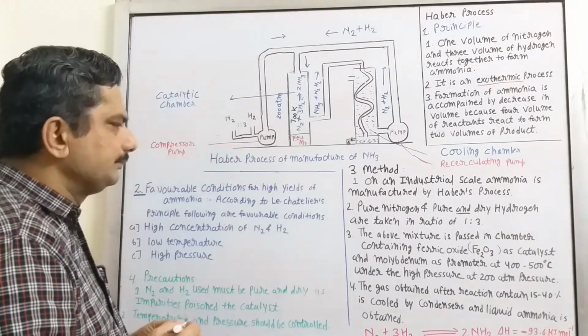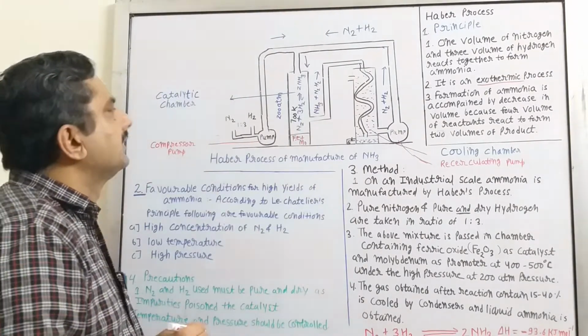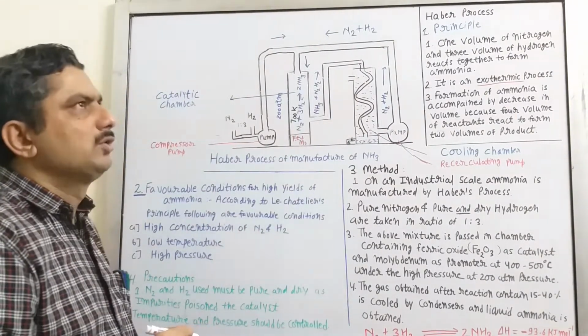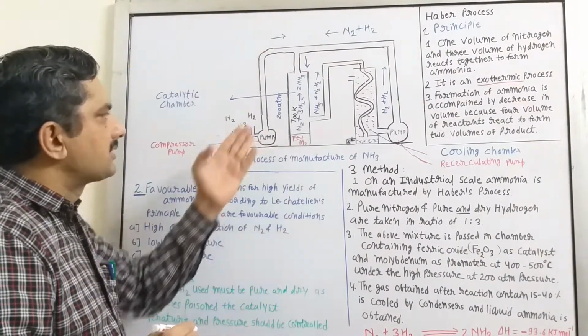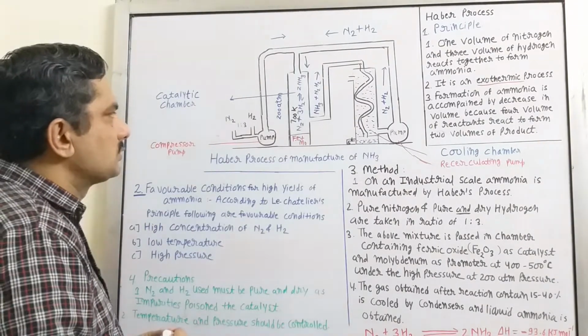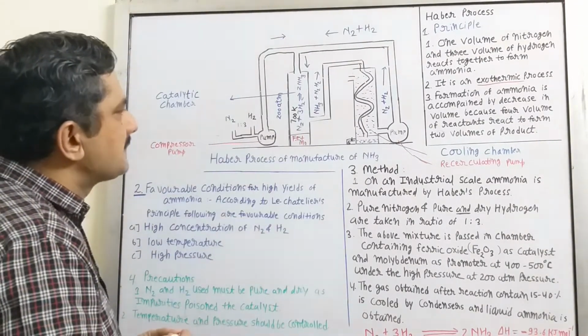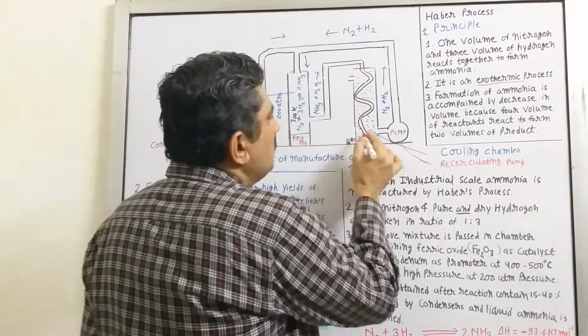Near about 15 to 40% of nitrogen and hydrogen get converted into ammonia. The mixture of ammonia and unreacted nitrogen and hydrogen is passed into the next chamber, called the cooling chamber.